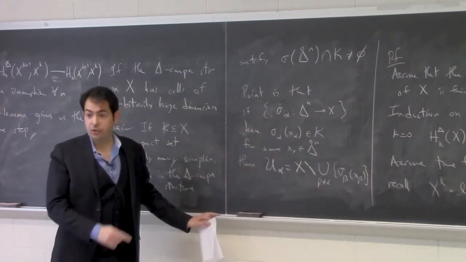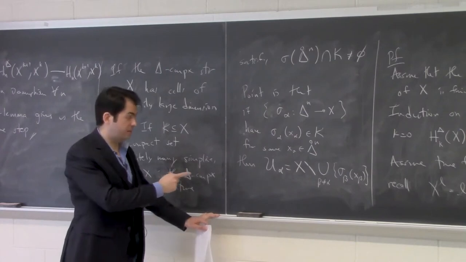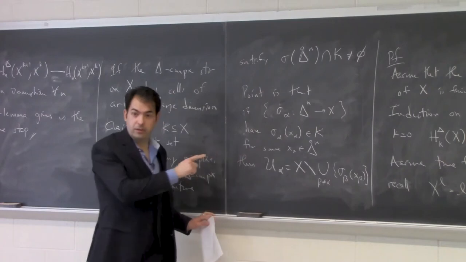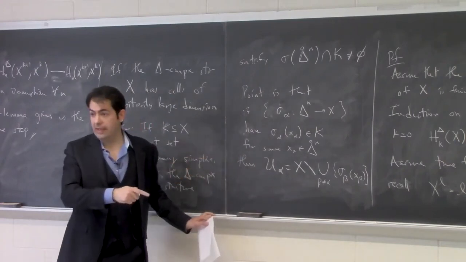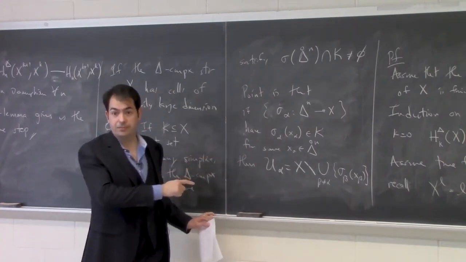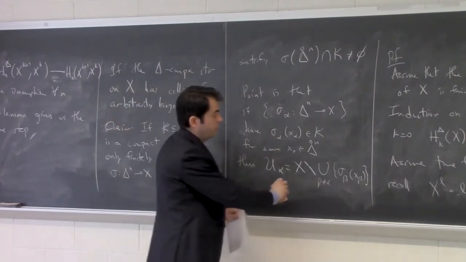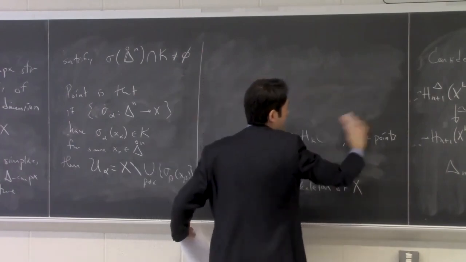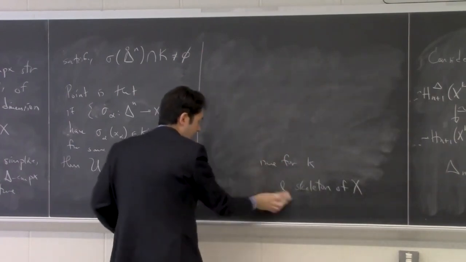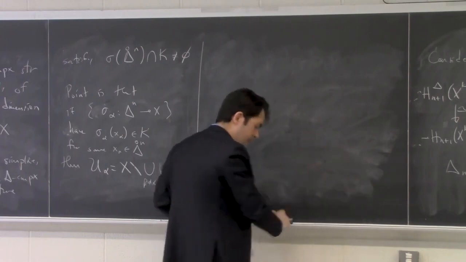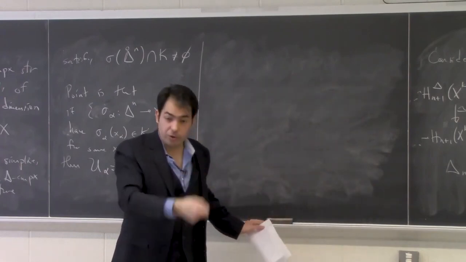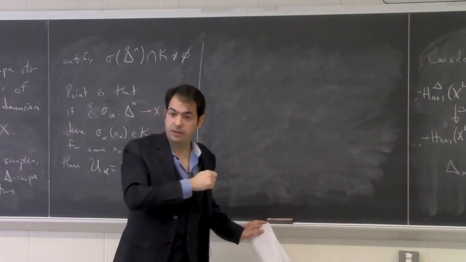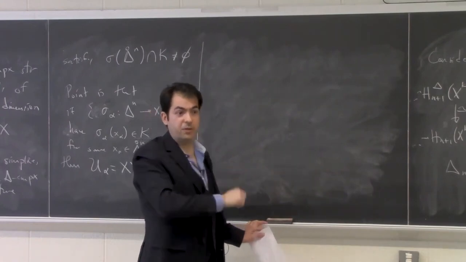So these open sets have the property that this one has sigma alpha of x alpha, and nobody else does. How do I know nobody else does? Remember that in the delta complex structure, every point is in the interior image of a single simplex. There's a unique singular simplex in the delta complex structure that maps there.